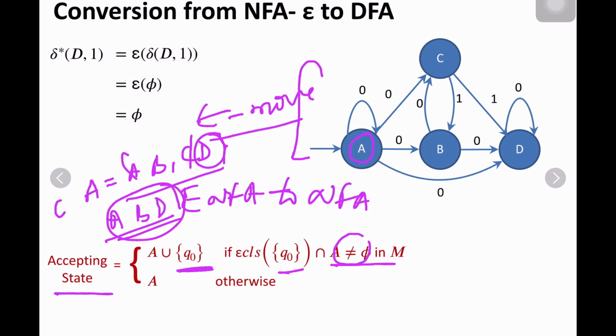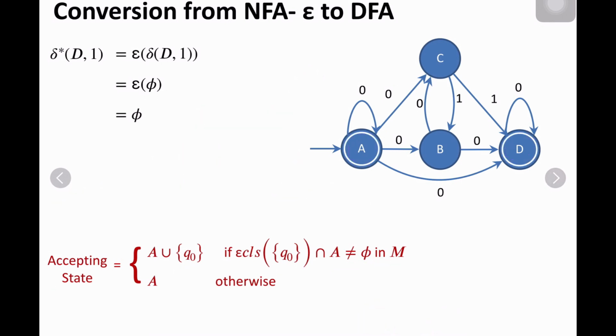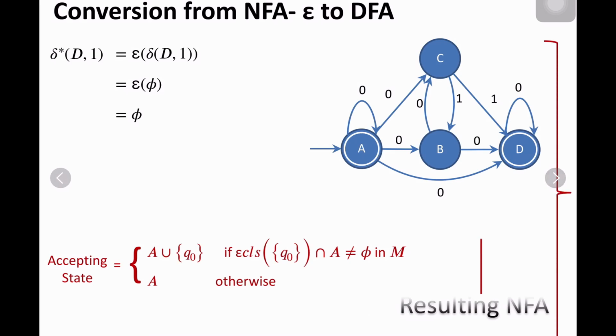So since D is a final state of the given epsilon NFA, A is also a final state. Once you understand this, this will be the final resulting NFA.